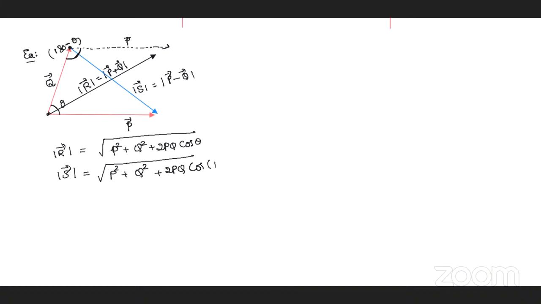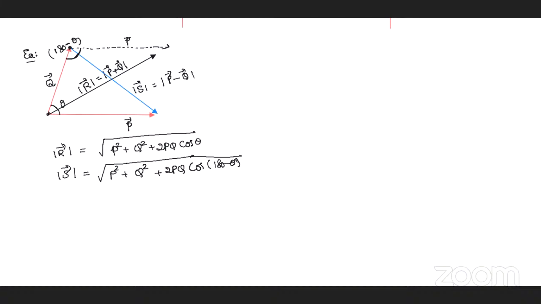But P bar minus Q bar make 180 minus theta in the diagram. So mod S bar in this case is root over P square plus Q square plus 2PQ cos of 180 minus theta, the angle between the two vectors. So after reversing the Q bar vector, the red vector minus Q bar, the angle between the two is 180 minus theta.